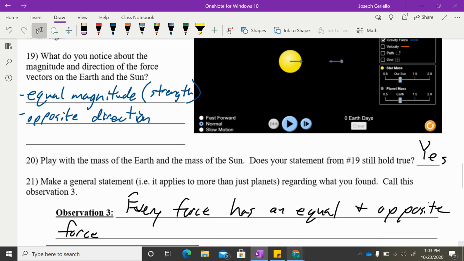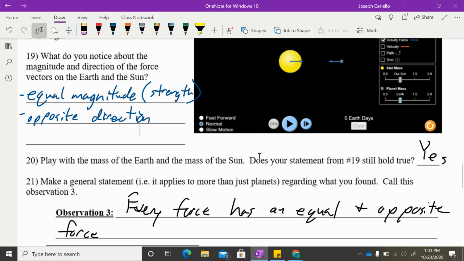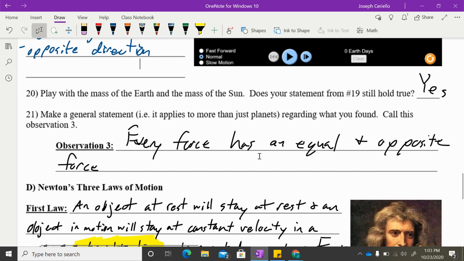Does your statement for 19 hold true? You already said it, so let's see. If I play with the mass of the Earth, look at that, same deal. The Sun, yeah, equal and opposite. So that holds pretty true. And what some people said was, for every force there is an equal and opposite force. Not a bad way to put it.